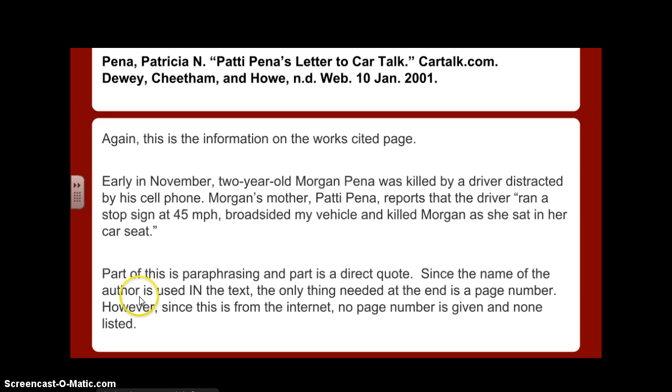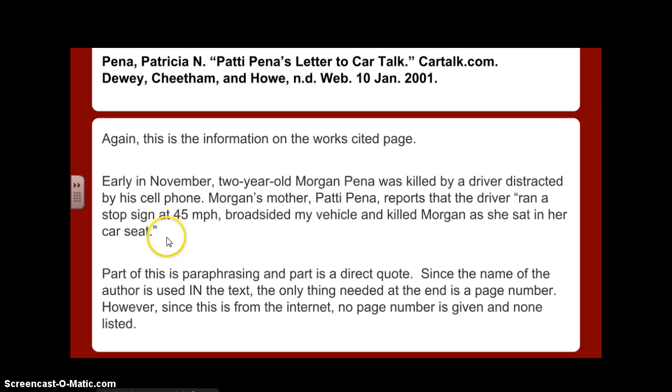Since the name of the author is used in the text, here is the person's name, Patty Pena. Here it is, right here, Patricia Pena. Since that person's name is mentioned here, then we're not going to use it at the end here. So if she hadn't been mentioned, if it were Morgan's mother reports that, blah, blah, blah, then there would be no period here.